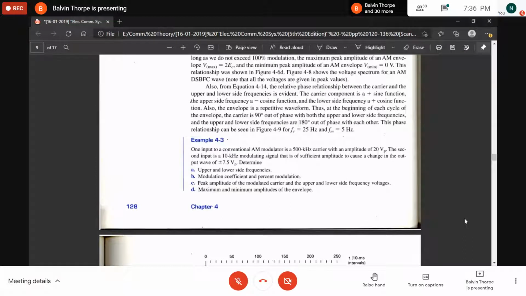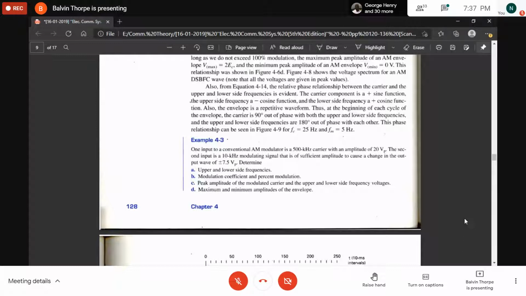The second input is a 10 kilohertz modulating signal that is of sufficient amplitude to cause a change in the output wave of plus or minus 7.5 volts. Determine A, upper and lower side frequencies; B, modulation coefficient and percent modulation; C, peak amplitude of the modulated carrier and the upper and lower side frequency voltages; and D, maximum and minimum amplitudes of the envelope.